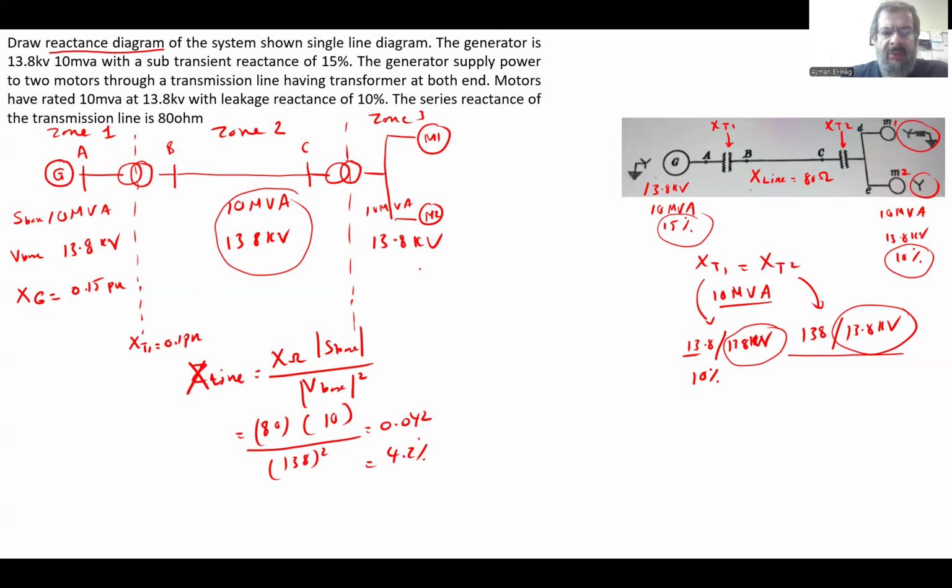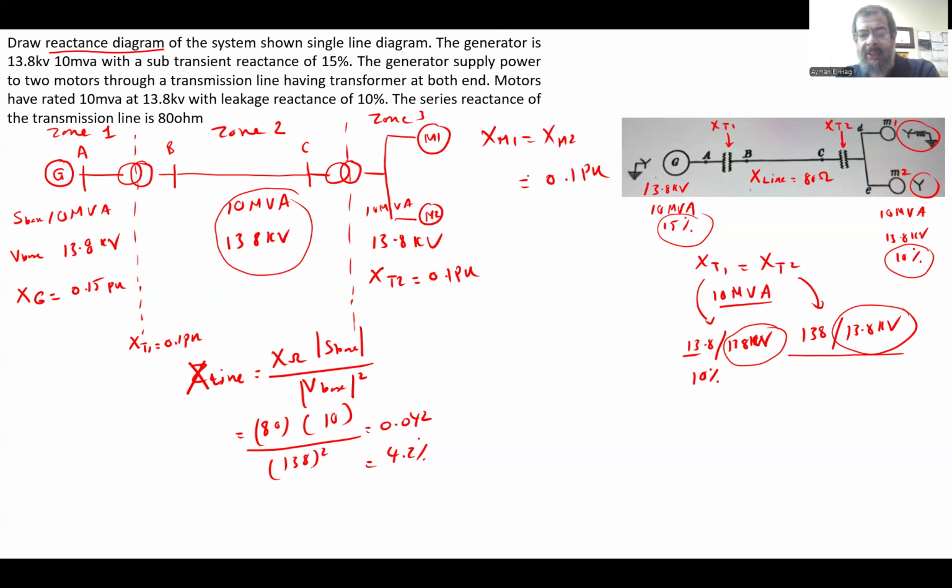This transformer is identical, so XT2 equals 0.1 per unit. The motors XM1 equals XM2, equal to 0.1 per unit. So we found all the per unit values.